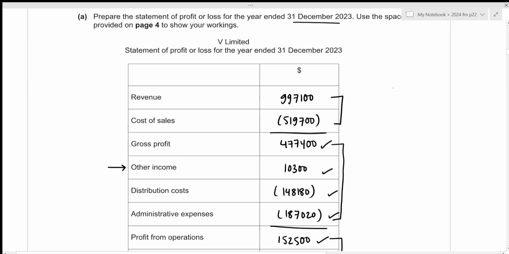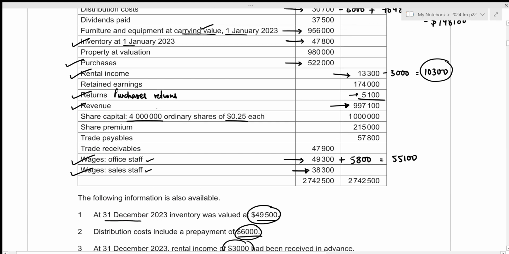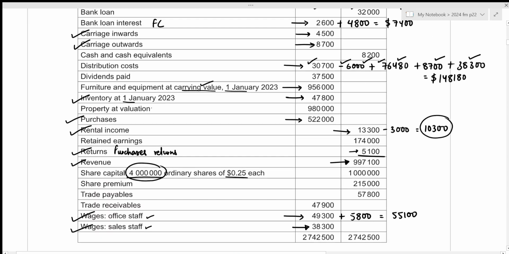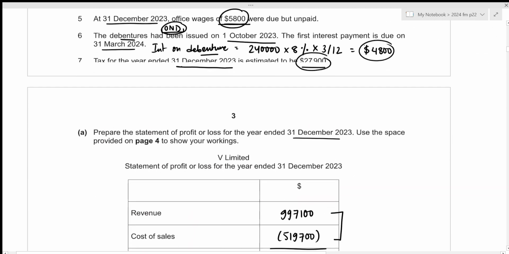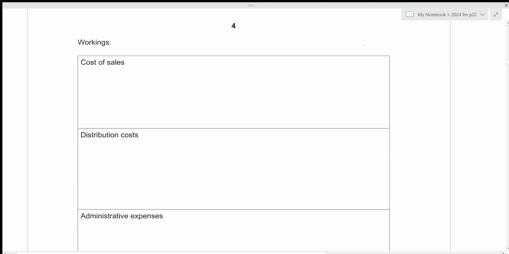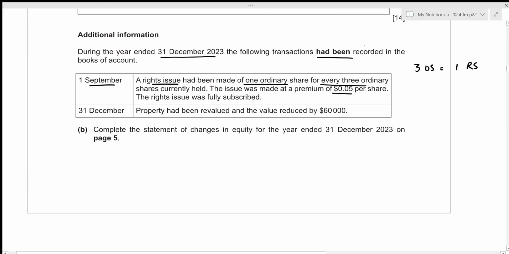And now let's see. The total number of ordinary shares is 4 million. But also remember that this is at the closing date. So this is after the issue of rights shares. So the total number of ordinary shares plus the rights shares is 4 million. And we know the ratio, right? For every 3 ordinary shares, there is 1 rights share.